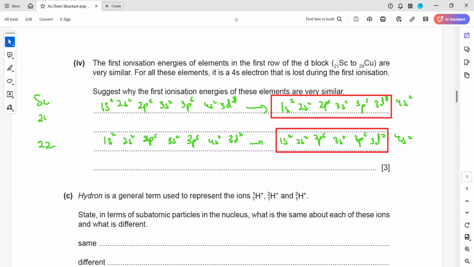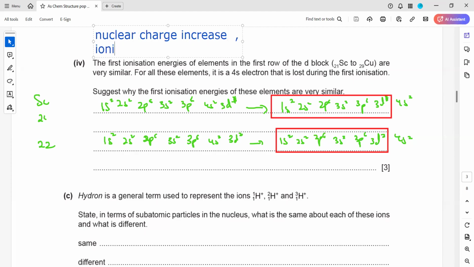So as a result, when the inner shell electrons increase for these elements, the shielding effect will also increase. So the nuclear charge increases. As the nuclear charge increases, what should happen?